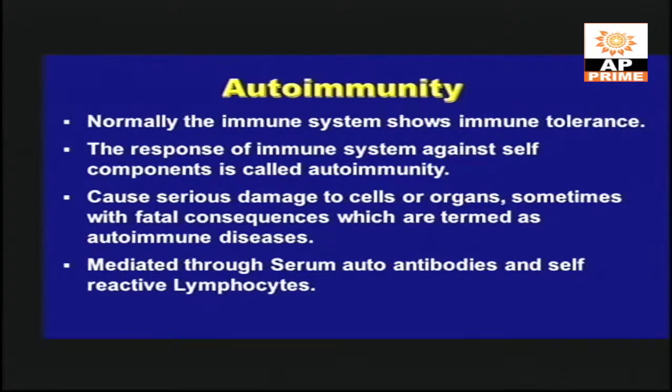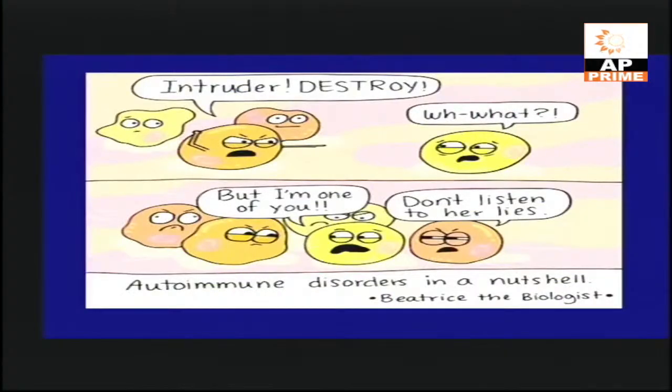And these autoimmune diseases are mediated through either antibodies or sensitized T cells. So autoimmunity can be described using this comic picture, where this is the antigen and this is the self antigen, which is saying that I am yours, that is, I am part of your body, I am not a foreign thing for you.